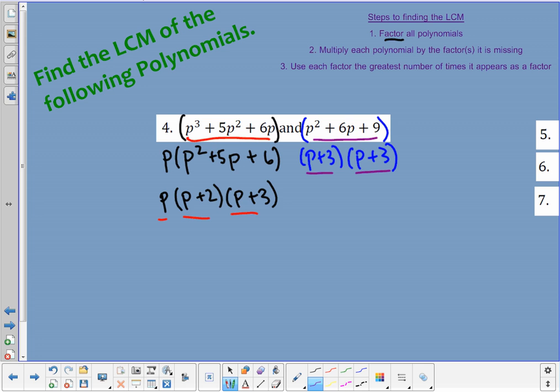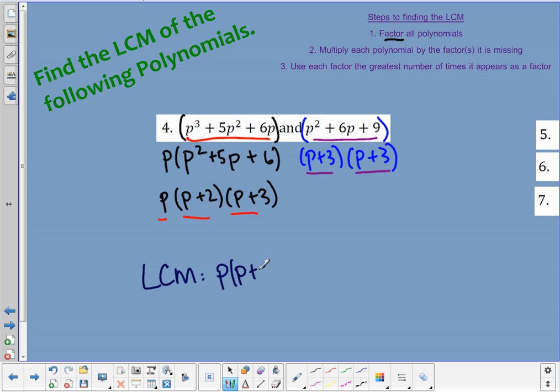Now, here's where we get into LCM. So the LCM is going to be each factor that you see, the most number of times you see it in each list. So I know I need a factor of p because I have a factor of p here on the left. I know I need a factor of p plus 2 because I have one on the left. I don't have any over here, but I still have one on the left.